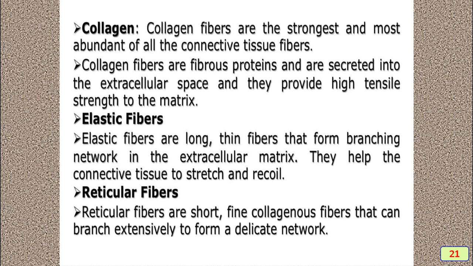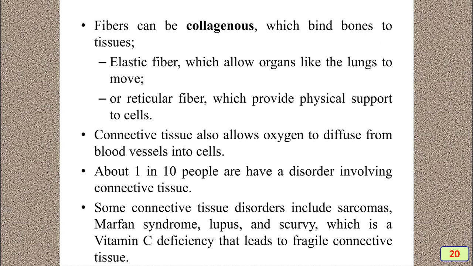Elastic fibers are long, thin fibers that form a branching network in the extracellular matrix, helping the connective tissue stretch and recoil. Reticular fibers are short, fine collagenous fibers that can branch extensively to form delicate networks. So these are all different types of fibrous tissues.